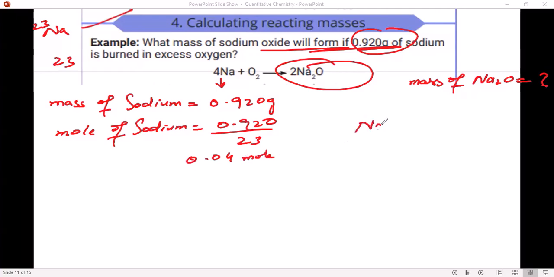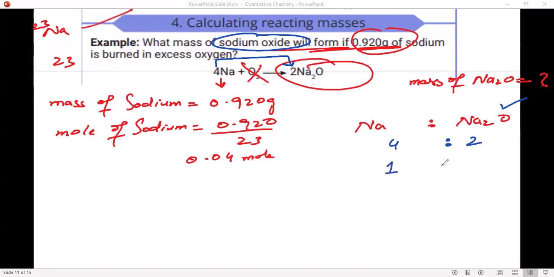You need to compare sodium with oxygen. No, no, no. One of my students was comparing sodium with oxygen. That is a mistake. You are going to calculate the mass of sodium oxide. They have given you sodium, so compare sodium with what you have to calculate. What you have to calculate, mention this at the right of the paper. Come to the balanced chemical equation. This is 4:2.